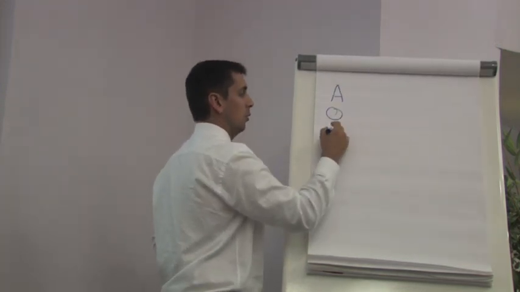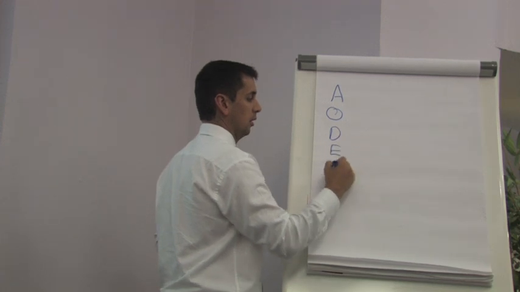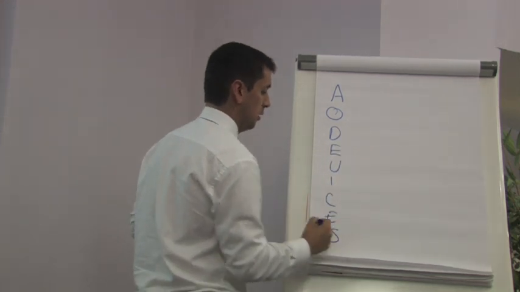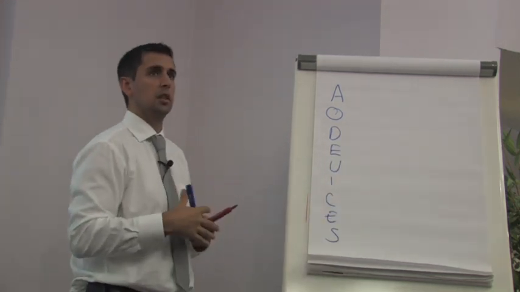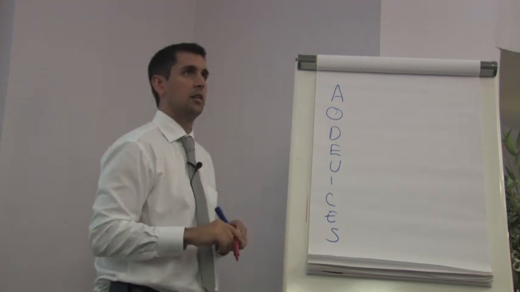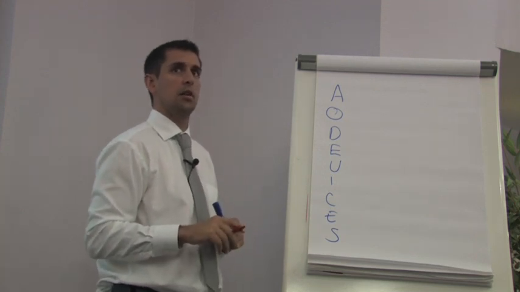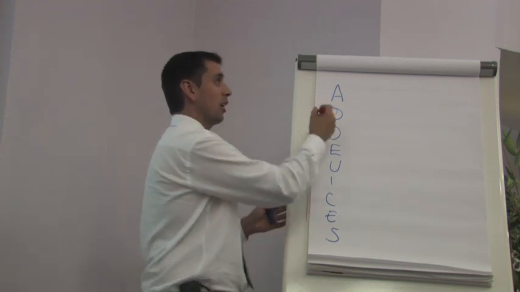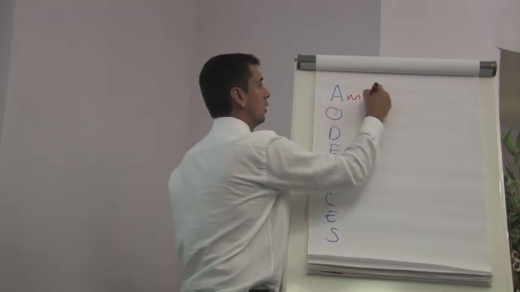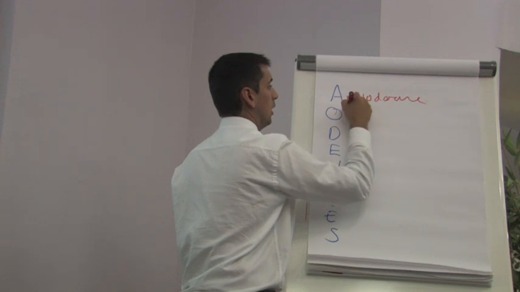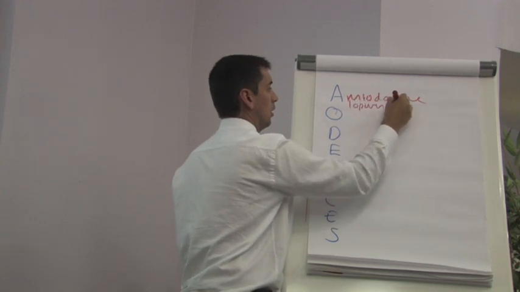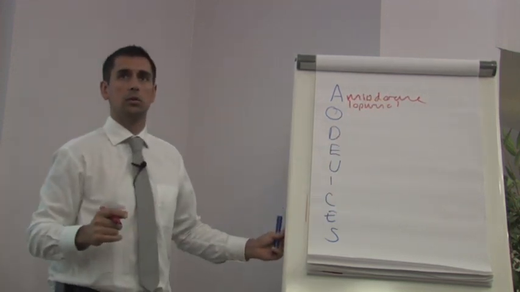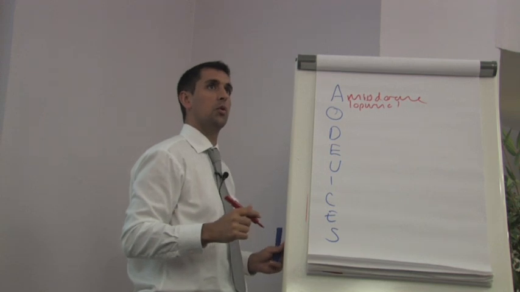A, O, 5 says. So A, amiodarone is one, allopurinol is another, so there are a couple. O, taking oral contraceptive pill.